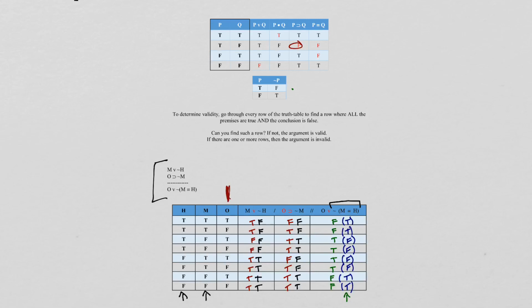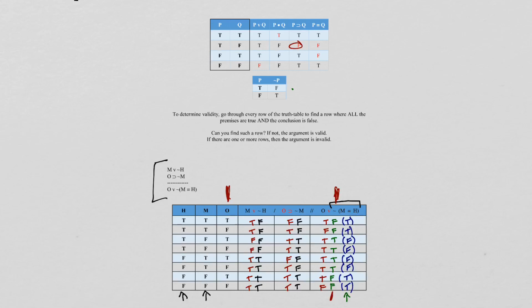Now we're going to take the O and then this green one right here, because that's what that other side of the disjunction is. So we're going to do a disjunction. So if there's a T anywhere, we know it's true. So true, false, true, true, true, true, true, and false.